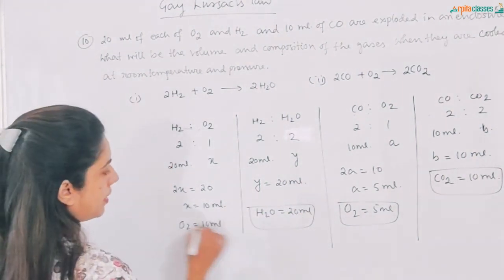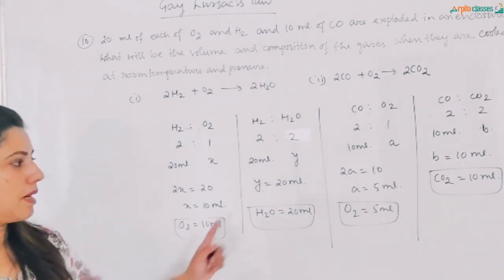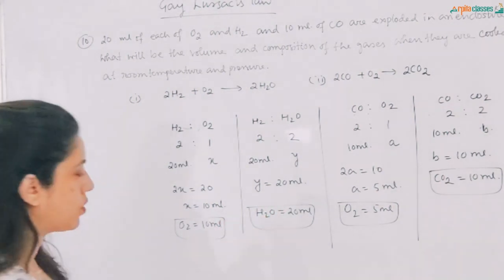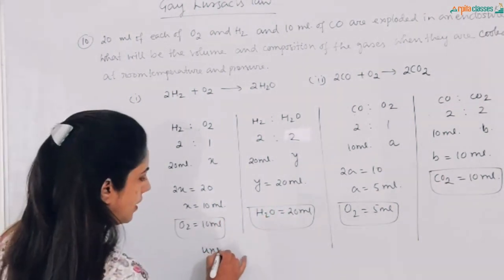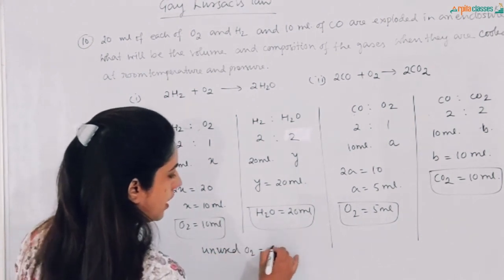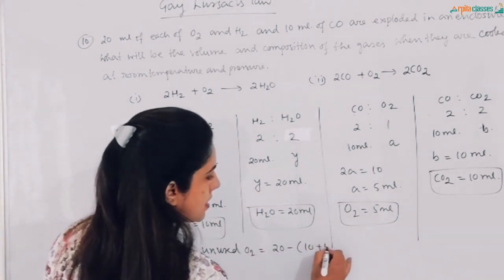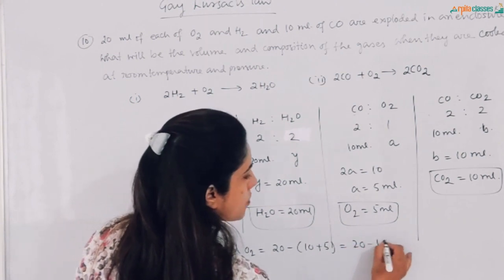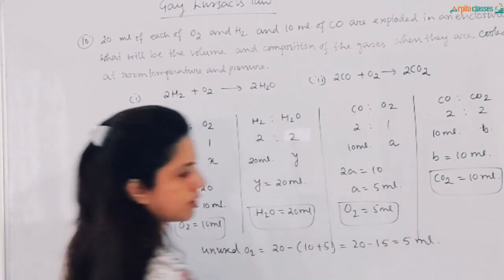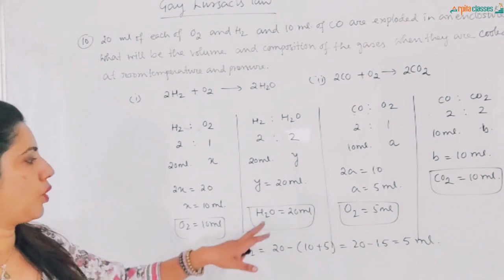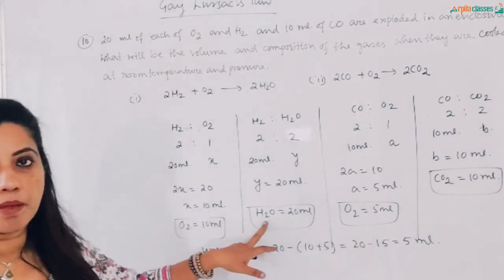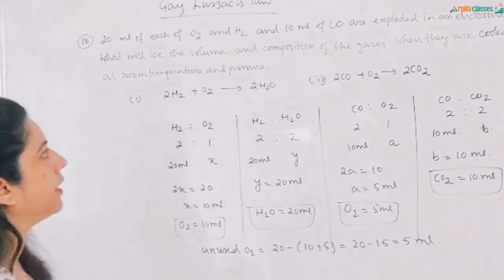It is 10 milliliter. So total oxygen used up is 10 plus 5, 15. Therefore unused oxygen is 20 minus 10 plus 5, that is 20 minus 15, that is 5 milliliter of oxygen. And the resultant mixture also contains H2O 20 milliliter and carbon dioxide 10 milliliter.